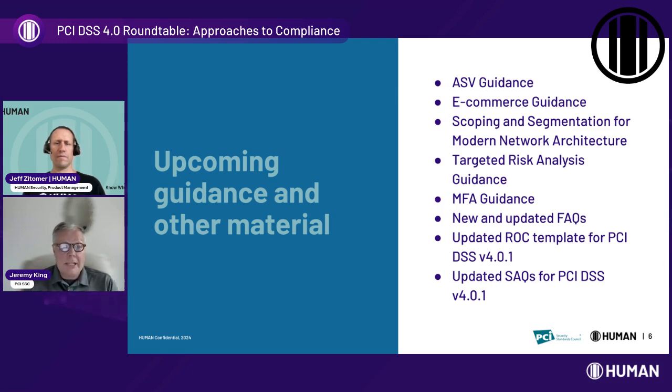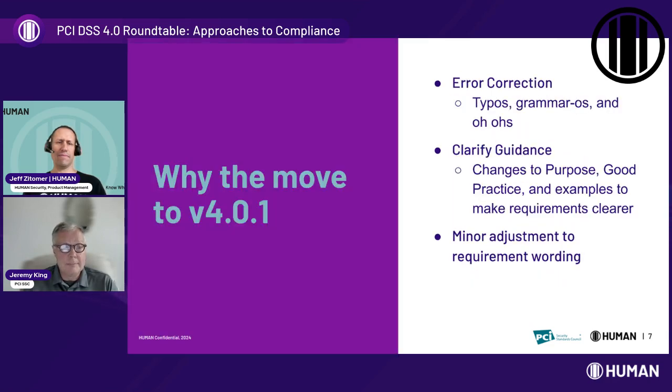We're also updating at the moment the ROC reporting template because we've seen it has grown a little larger than we wanted, so we're trying to simplify that. Your feedback through all of these processes really helps make this difference. So again, keep your eye on our website for a lot of these changes coming through. Do read them. They are really helpful for making the migration toward version 4 and 4.0.1. Next slide, please, Jeff.